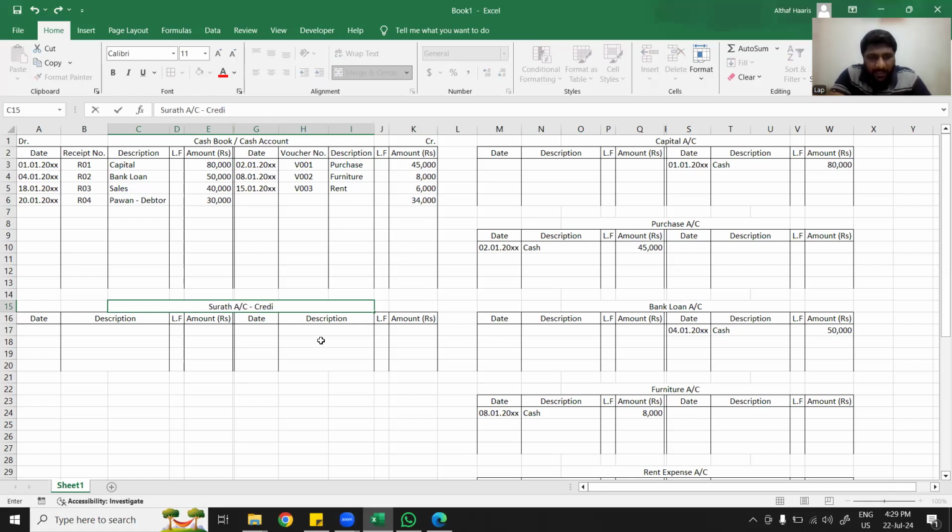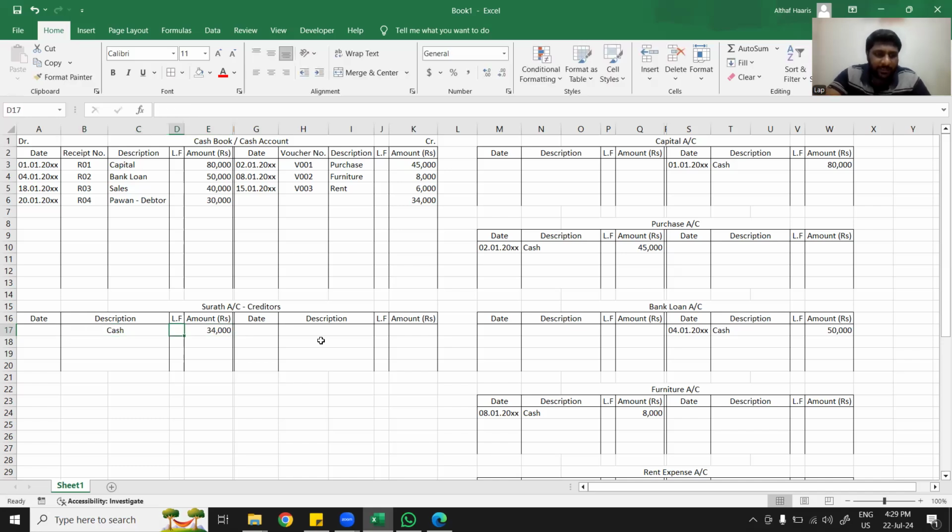When I settle the creditors, my liabilities will decrease. Liability decreases, debit. Here you can write cash. Surat.